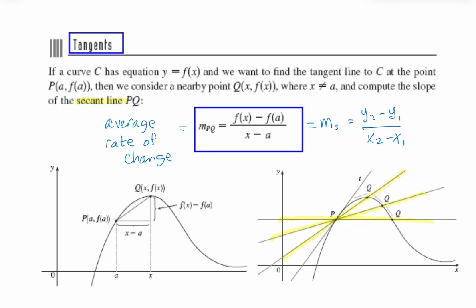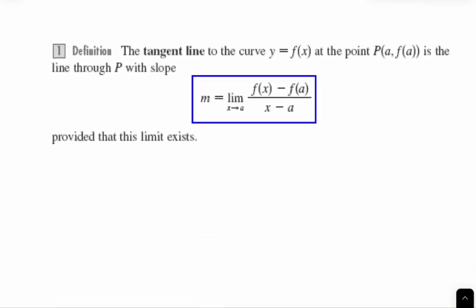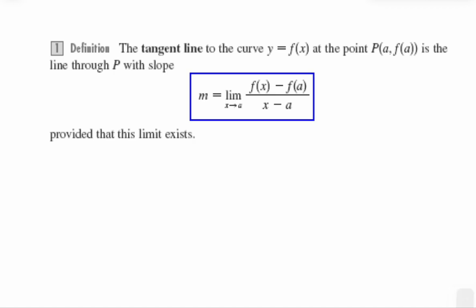So it's important that you know what is referred to if they say, what is the average rate of change from time 2 to time 7, something like that, okay? But if we get closer and closer to A, then it becomes a slope of a tangent.